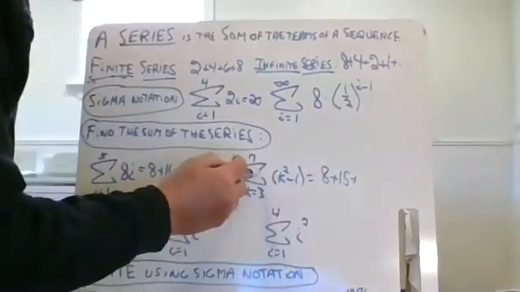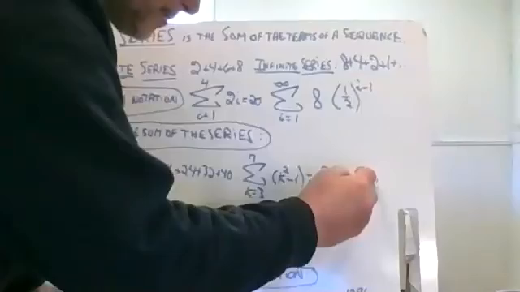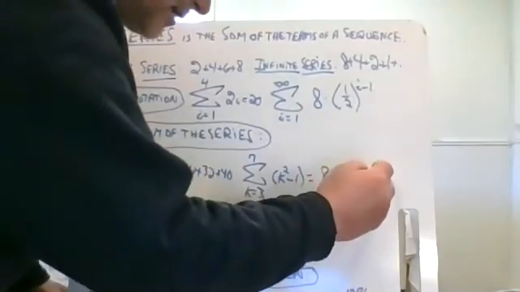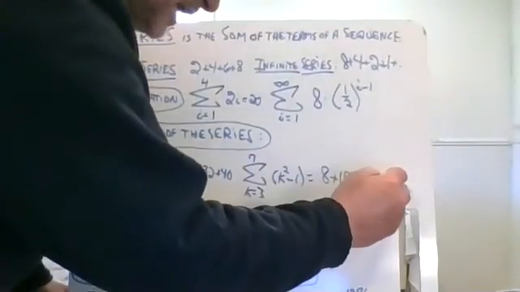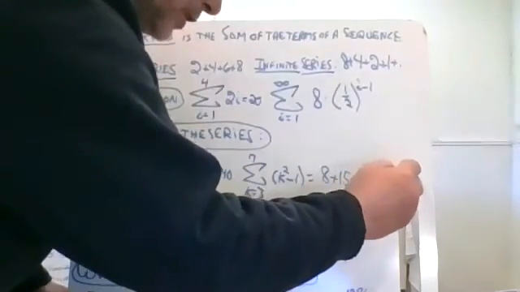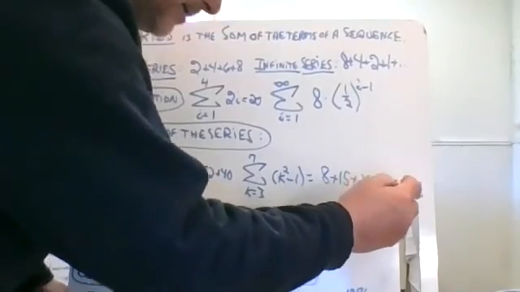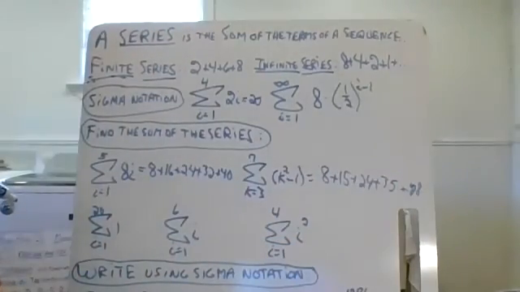Then let k equal 5. That's 24. Then let k equal 6. That's 35. And then let k equal 7, that's 48. And so you could put it on a calculator or just do it in your head and add those numbers up and you'd get that sum.